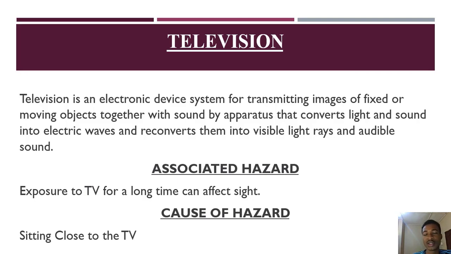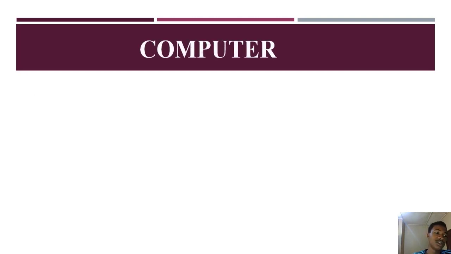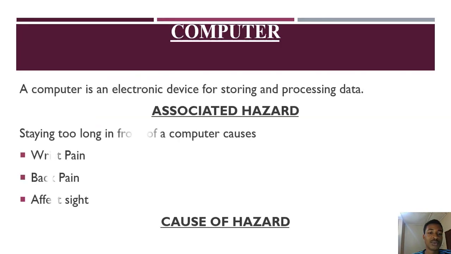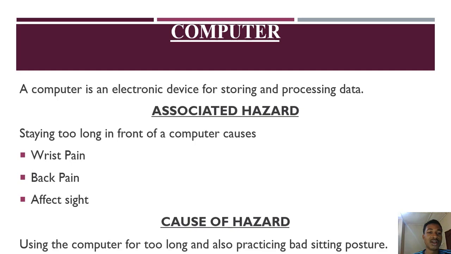Now let's move on to the next ICT tool. The next on the list is a computer. A computer is an electronic device for storing and processing data. The associated health hazard of a computer is that when you stay too long in front of it, you can get wrist pain and back pain, and it can affect our sight too.